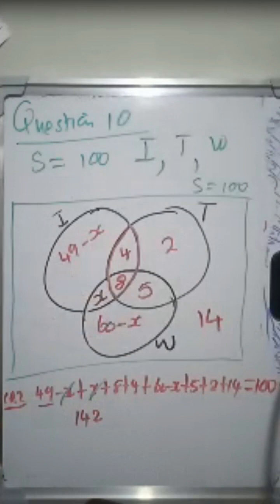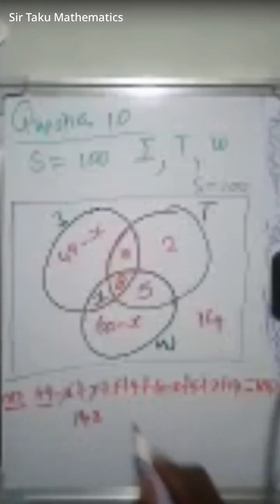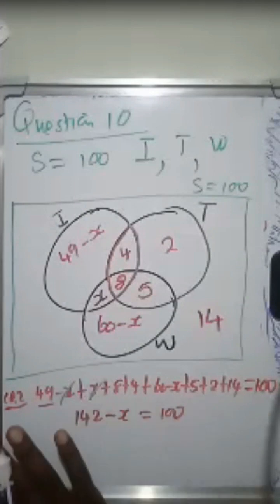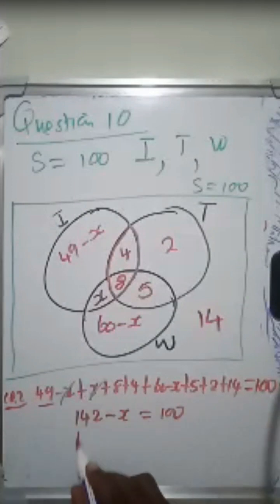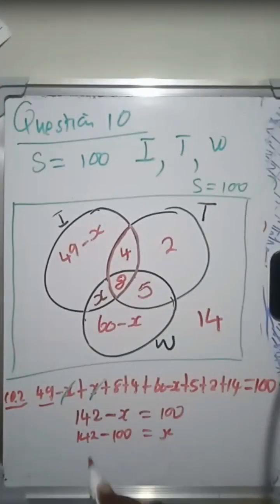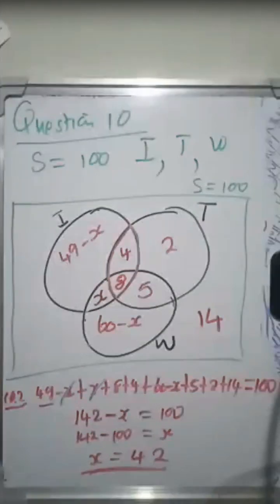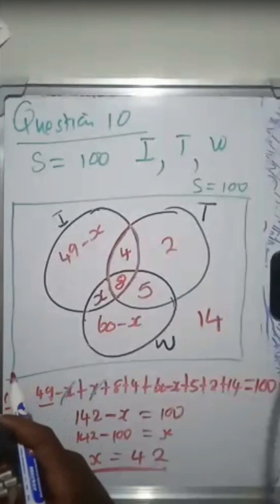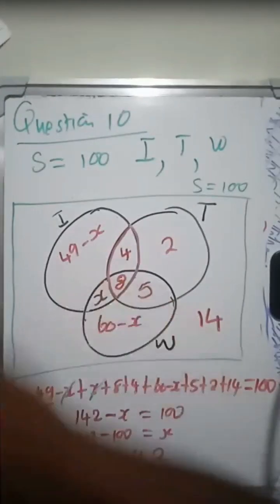So we are left with 142, and we are left with minus x is equals to 100. So we take 100, we take x that side, so we have 142 minus 100 is equals to x. So x is equals to 42. Immediately after calculating 42, now we know that 49 minus 42 gives us 7. So you go and write your 7 here.